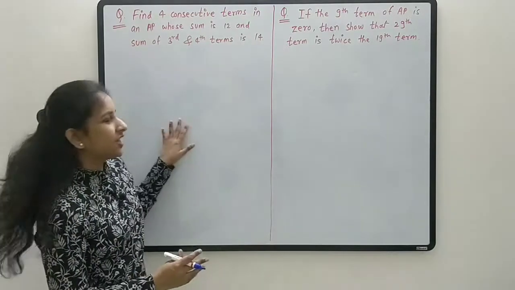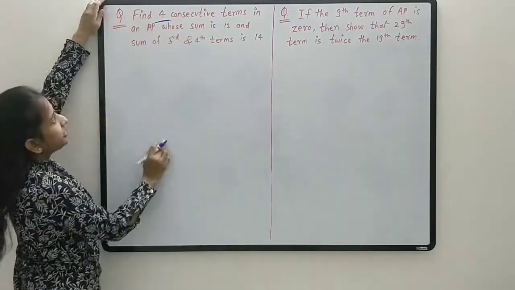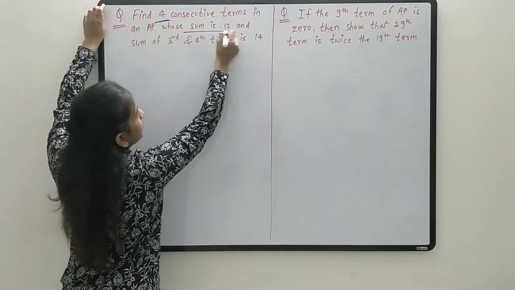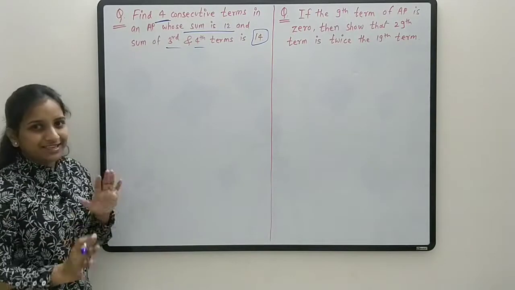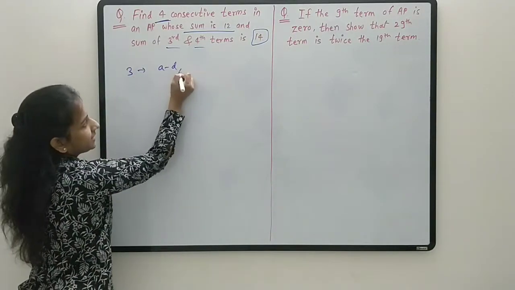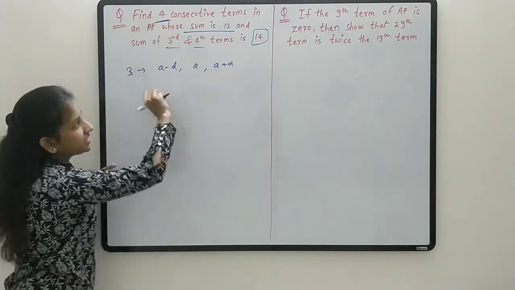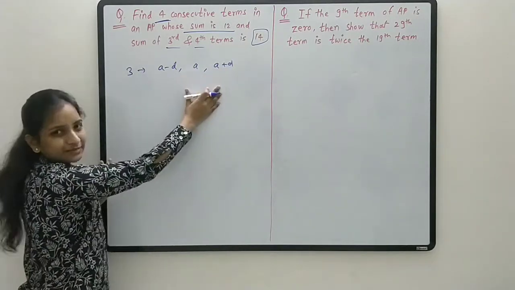Now let's quickly solve this problem. Find 4 consecutive terms in an AP whose sum is 12 and the sum of the third and fourth term is 14. In the previous example, we took 3 terms as a minus d, a and a plus d. When you add 3 terms, d gets cancelled. That's why we took these terms.